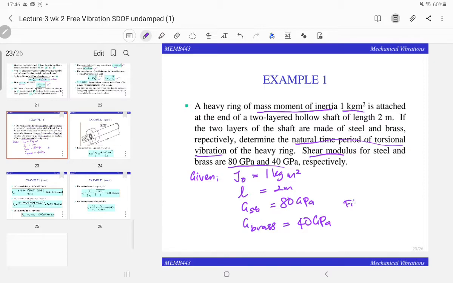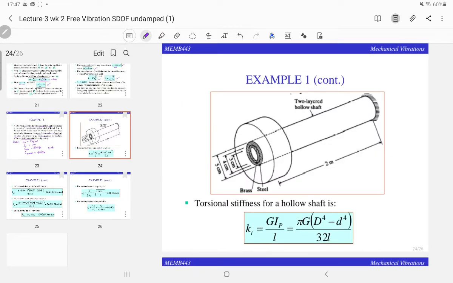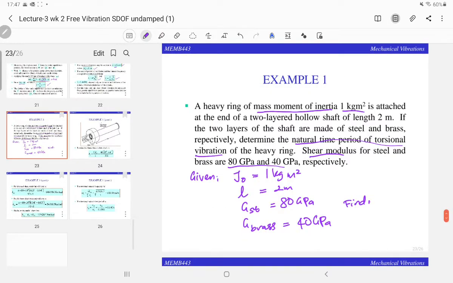You can see this is the figure, and what you want to find is your tau n, the natural time period, and your omega n, the torsional natural frequency. So let us take a look.